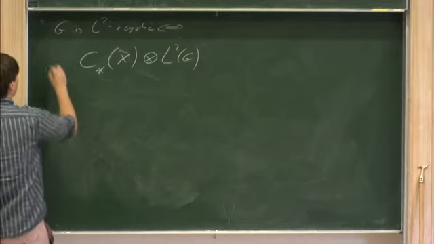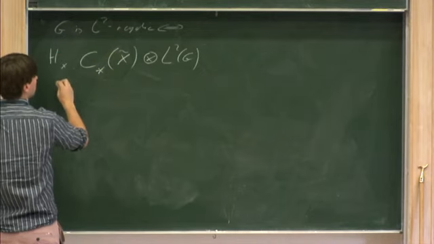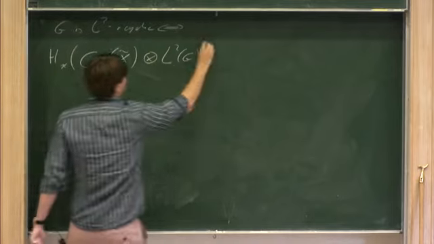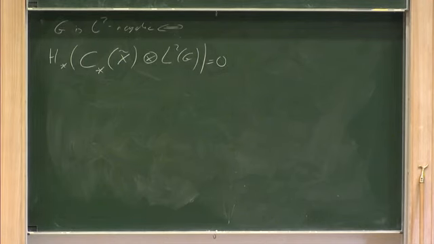And L2-acyclic means that the homology of this is trivial. L2-acyclic means nothing else. You have this chain of ZG modules, you extend scalars to L2, and now it becomes all trivial. So this is this bullet point.